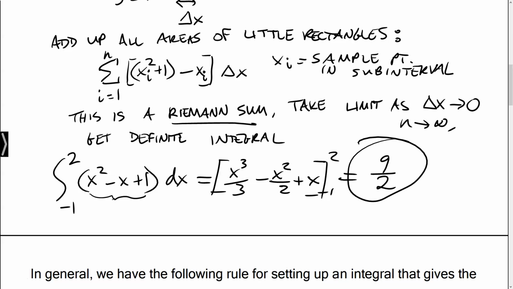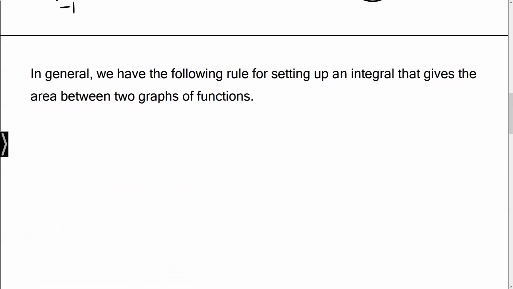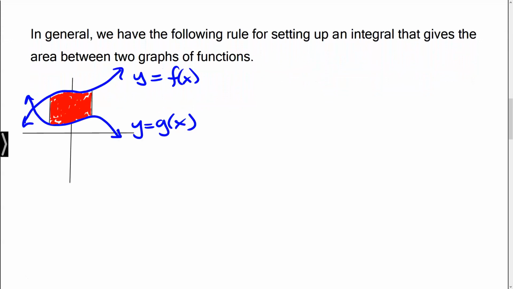Okay, so let's think about what we just did here, and let's think about how this would look in general. So in general, let's suppose that we have two functions. Okay, so we have these two functions here. Now, notice this is going to be between 2 points here.